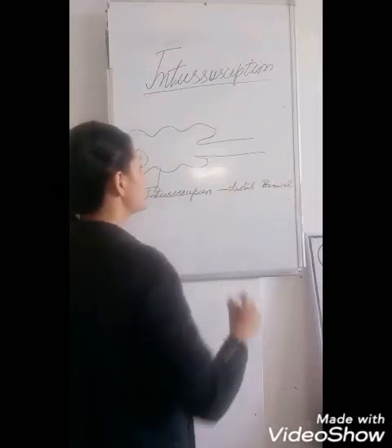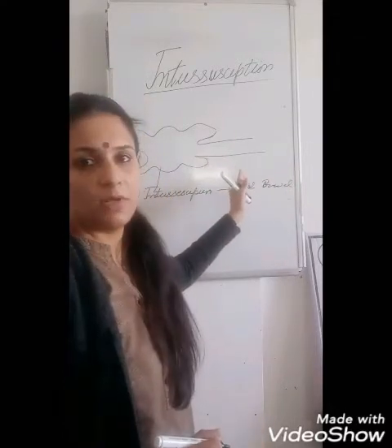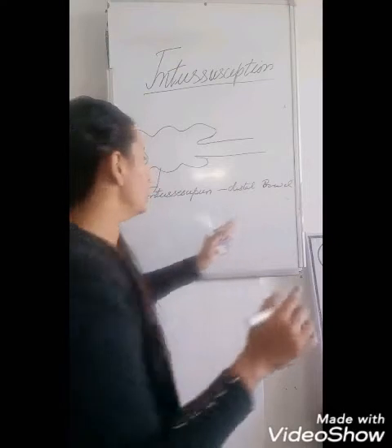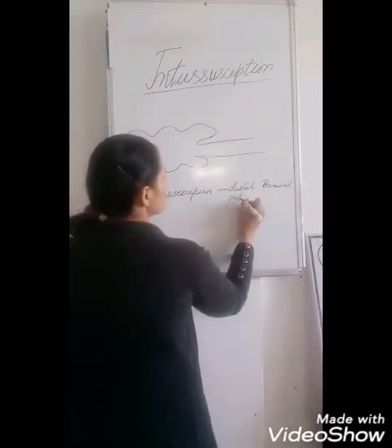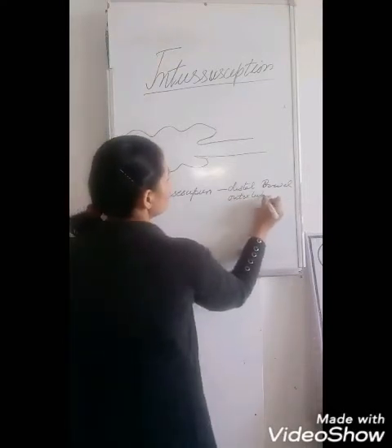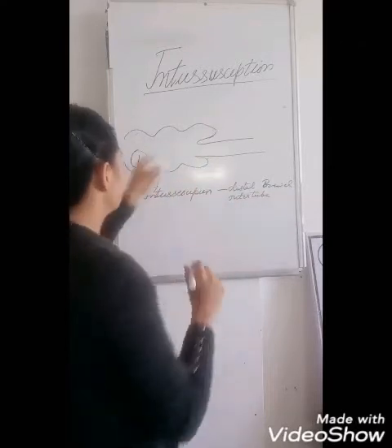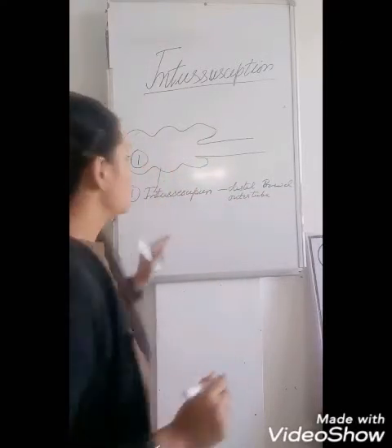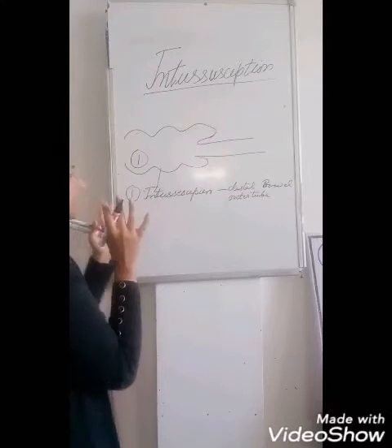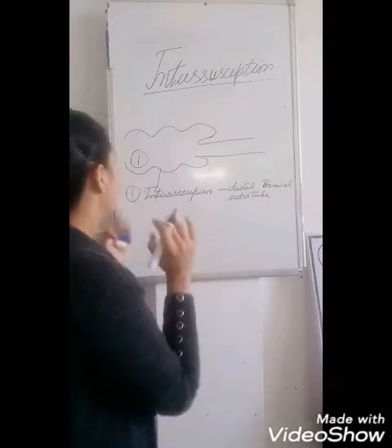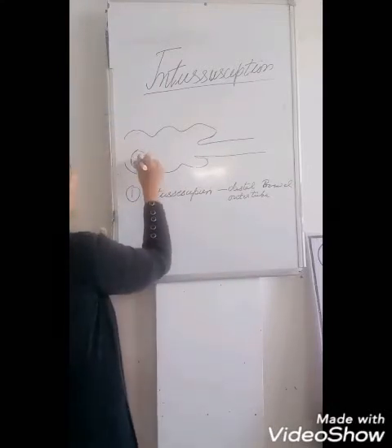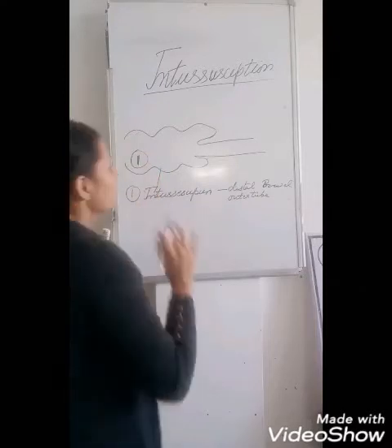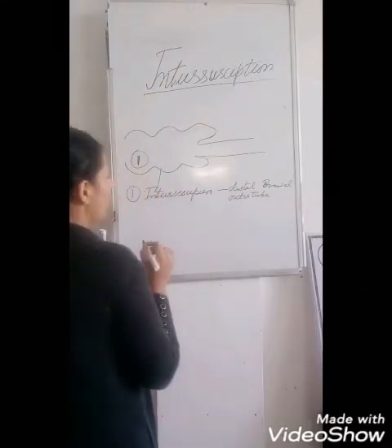It receives the proximal bowel, which is the inner tube. It is the outer tube, which I have marked with number 1. So you will easily understand what I am trying to tell. This is intussusception, which receives the inner tube or the bowel.